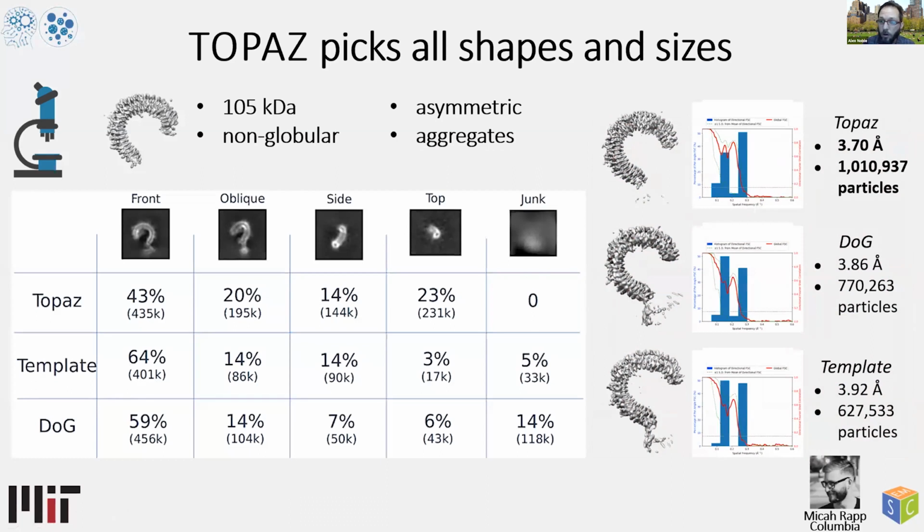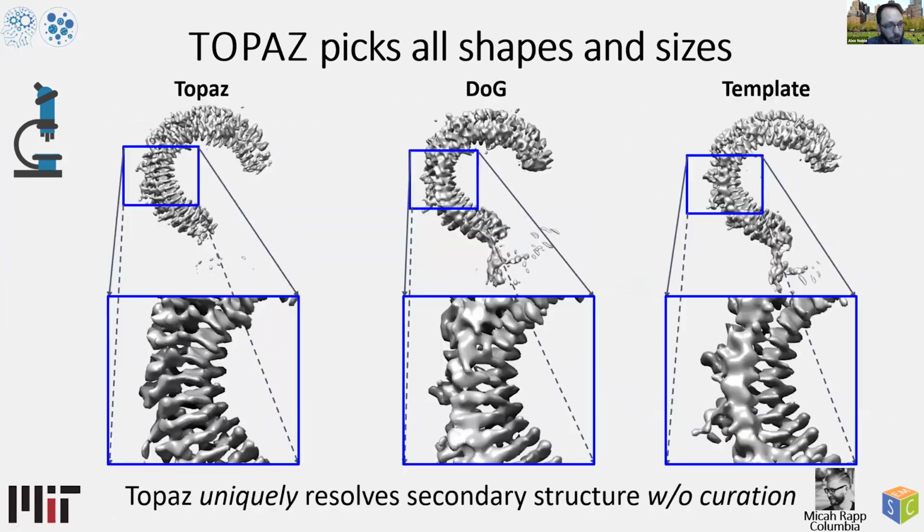About 1 million particles went in and got a global resolution of about 3.7 angstroms, and actually much better Euler angle distribution than both template and DoG picking, which picked somewhere between 60 and 70% or 75% of the particles that Topaz picked. All right, and if we go look in detail at how Topaz did, we can see that Topaz is able to uniquely resolve, just by picking more particles in more views, the secondary structure of this particular molecule, a toll receptor-like cell adhesion type molecule, compared to all other pickers.